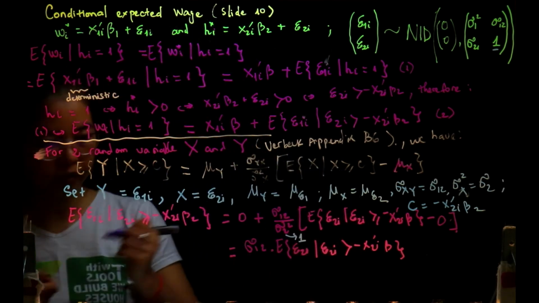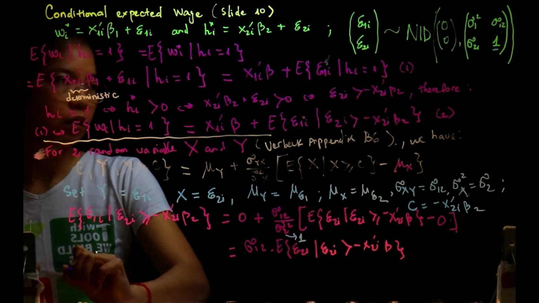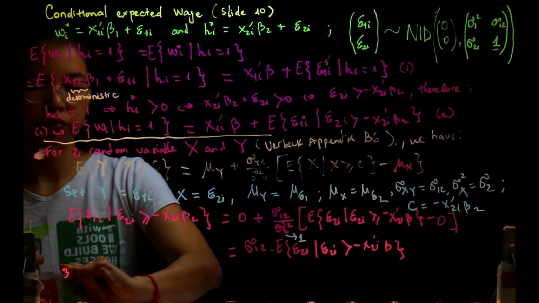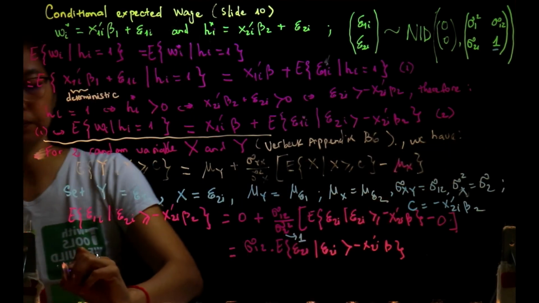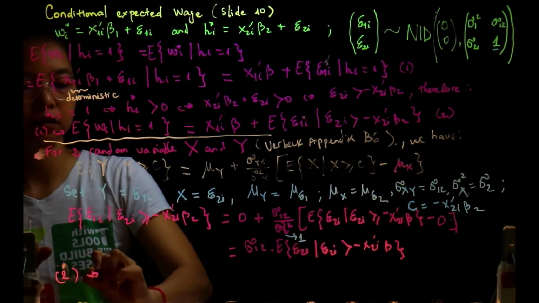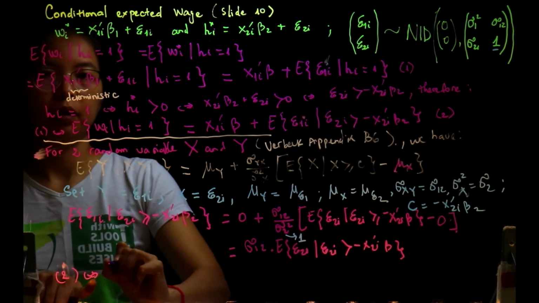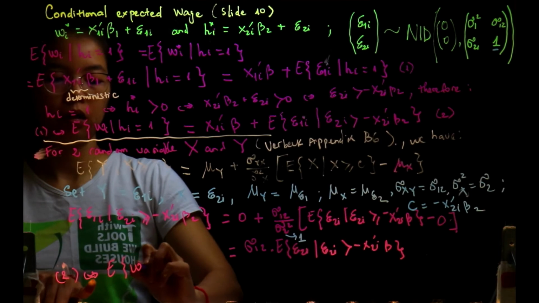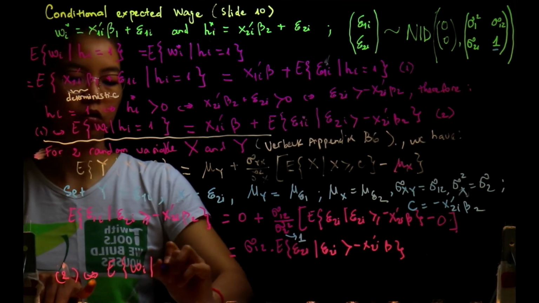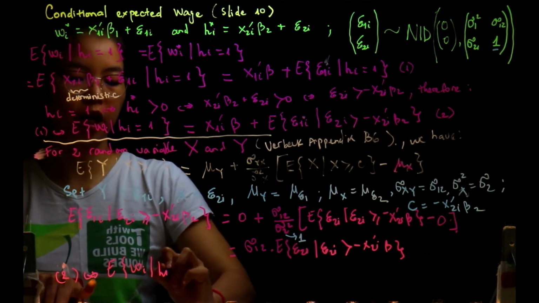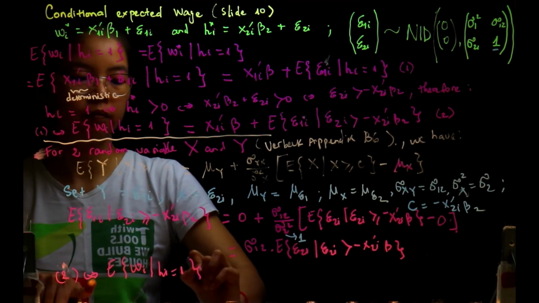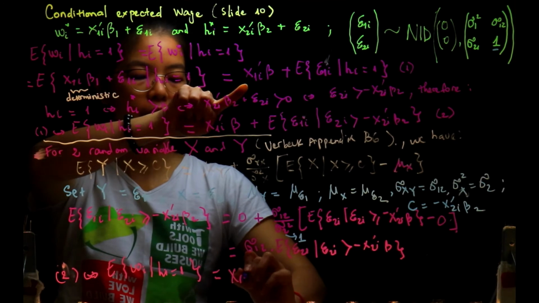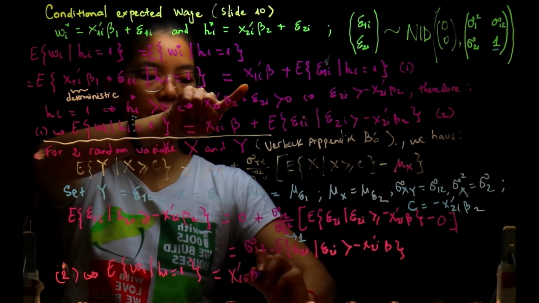I could rewrite it again. So, equation 2, because we have 2 over here, is equivalent to, again, the conditional expected wage, conditional on I equal 1, equal, we still have x1i prime beta 1.